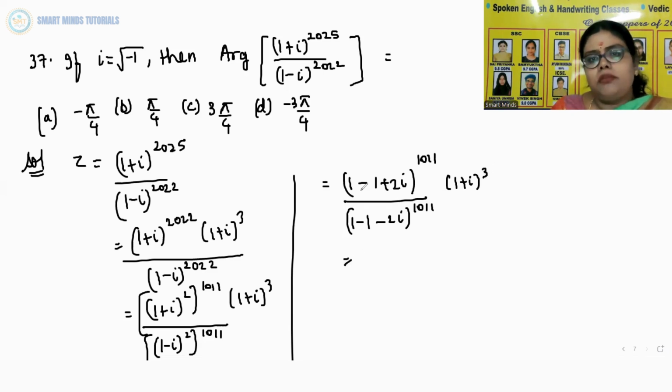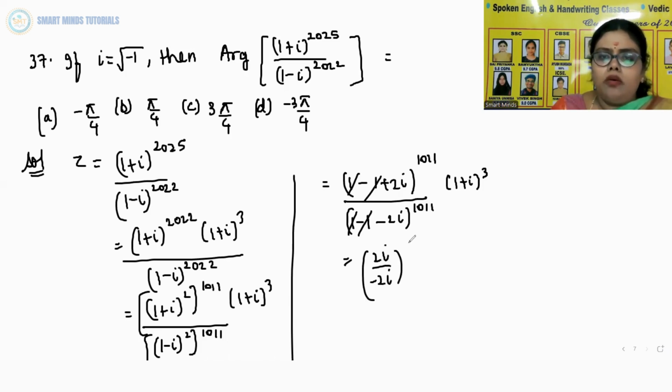So this is nothing but 1 minus 1 cancel, 1 minus 1 cancel. So that is 2i by minus 2i whole power 1011 into 1 plus i whole cube. Now 2i gets cancelled. Minus 1 whole power 1011 is minus because this is an odd number.